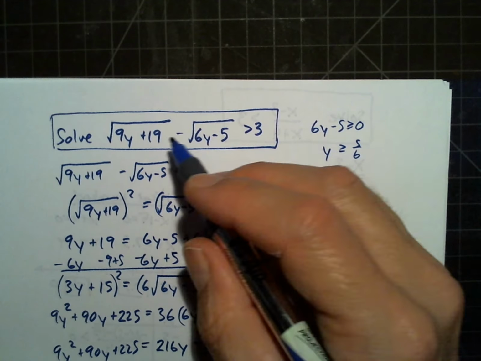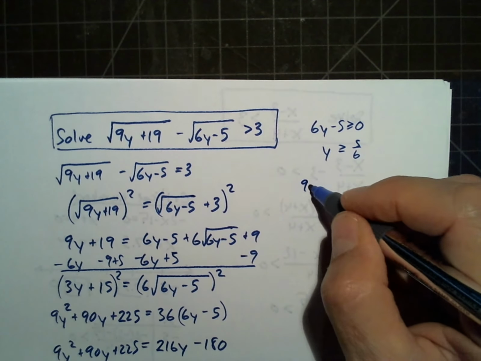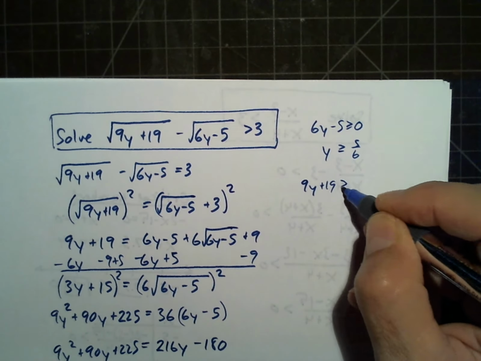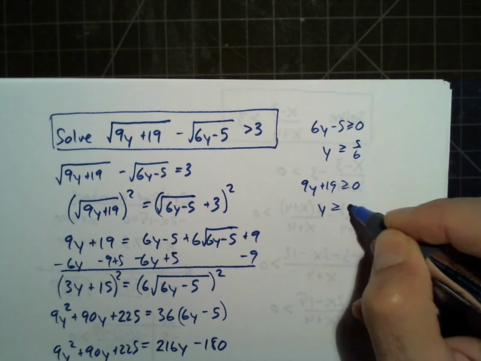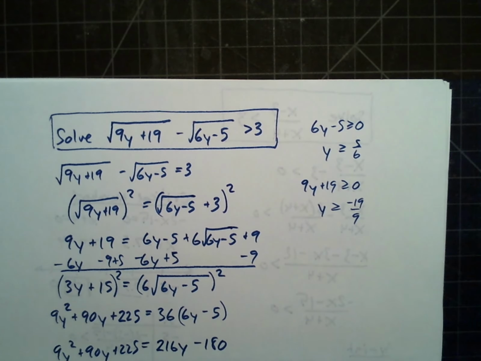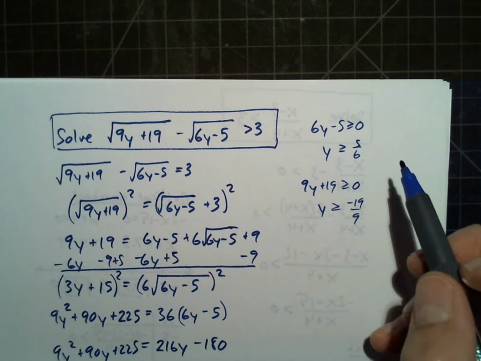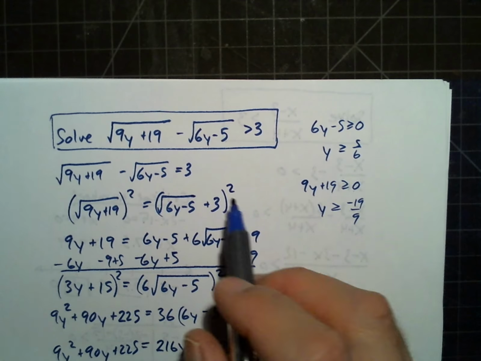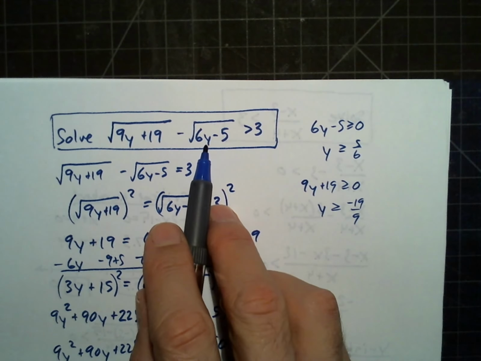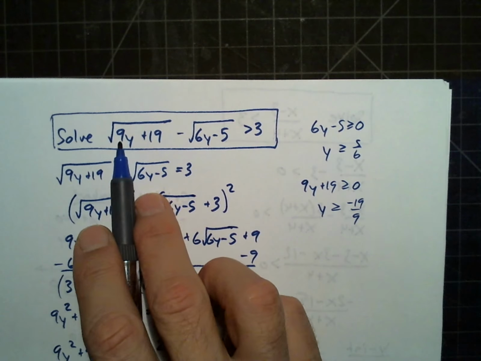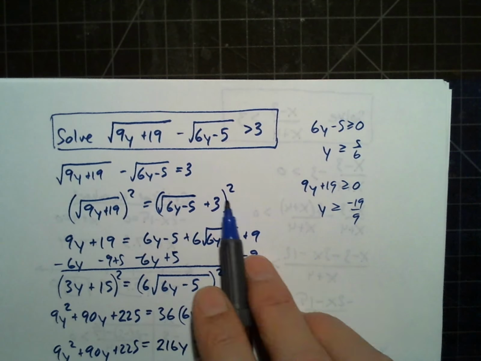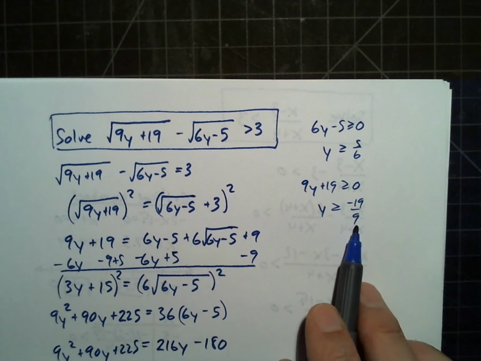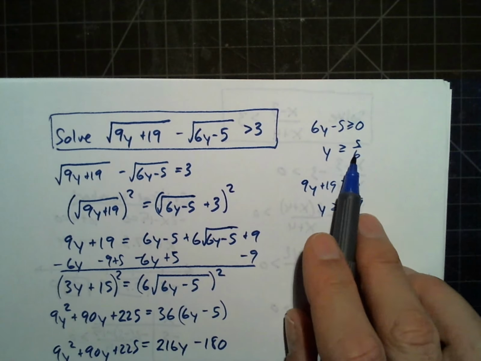And we also know from this that 9y plus 19 is greater than or equal to 0. So y is greater than or equal to negative 19 over 9. And that means we can't put a negative in here that's less than negative 19 over 9, so we know we have to stick with that.